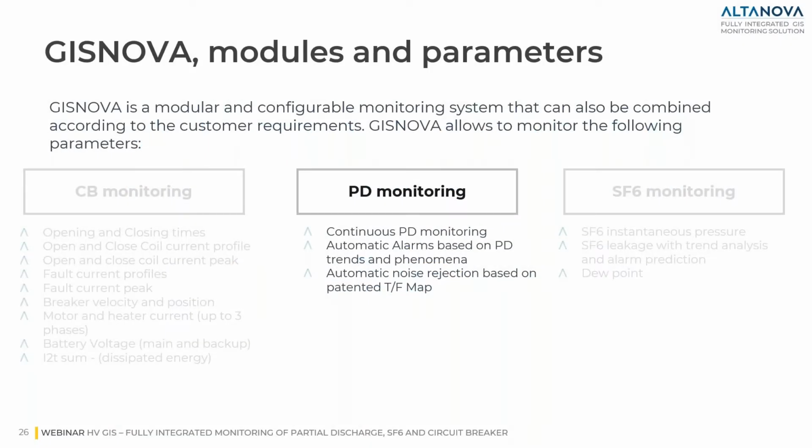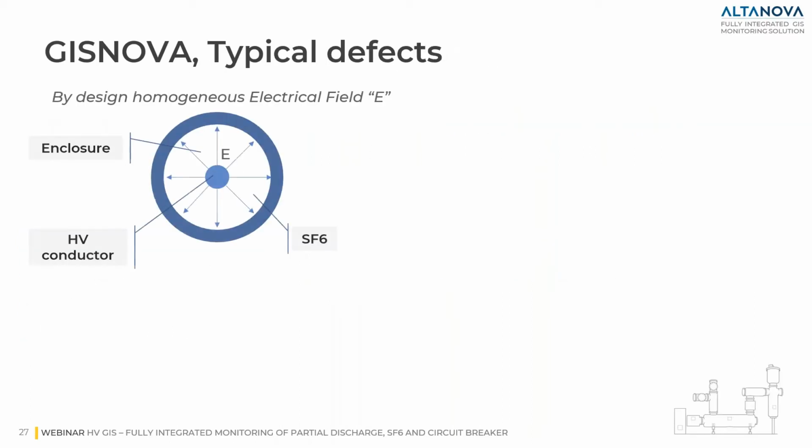This part I'm going to present is relevant to partial discharge monitoring. Good. In this picture, you can see a simplification of the electrical field in a GIS. You have here the inner conductor, the high voltage conductor, and the outer is the enclosure, and sorry for this typo, is not connected here, but is relevant to the external enclosure and the SF6 inside.